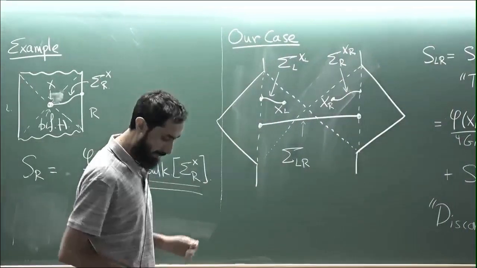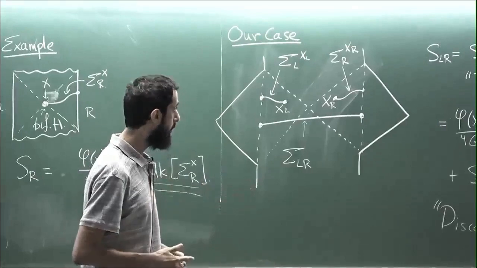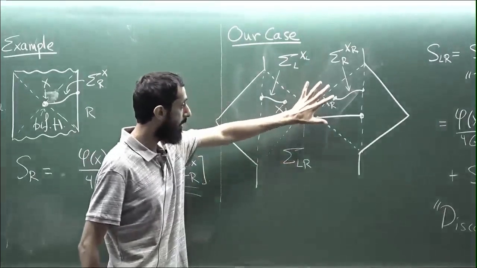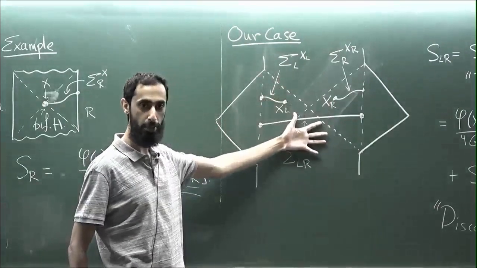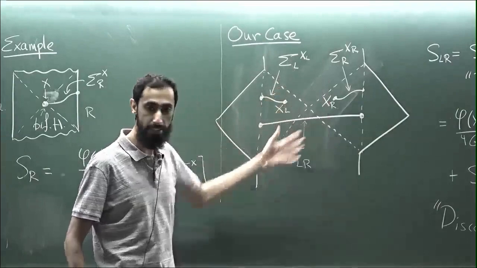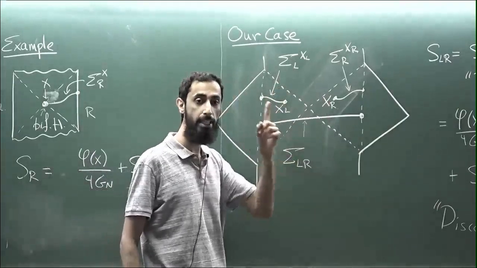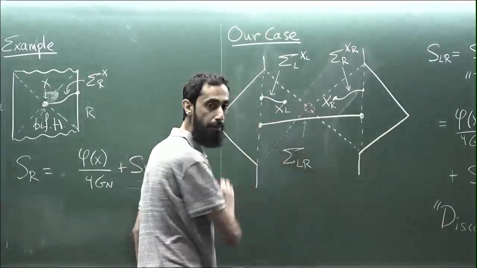There are many options, but before going to the options, I want to address what Spenta was asking about. Here the geometry is also the eternal black hole geometry. The dilaton profile here is identical to the dilaton profile there. There exists a single classical extremal surface in this spacetime, and that's the bifurcate horizon.